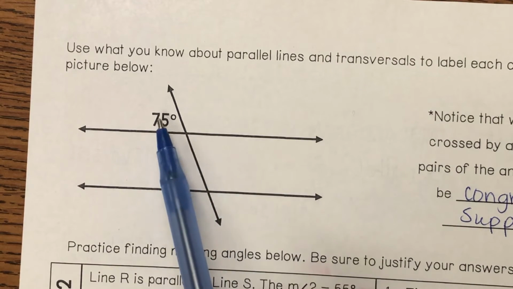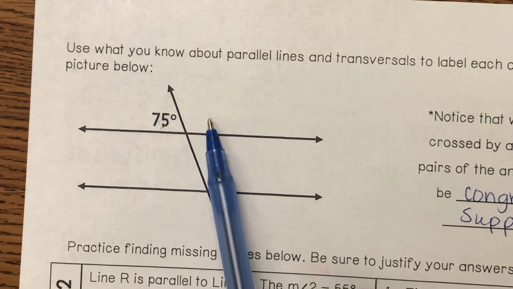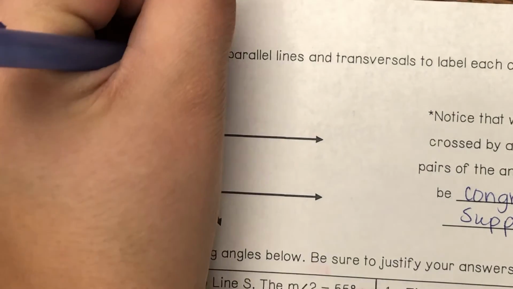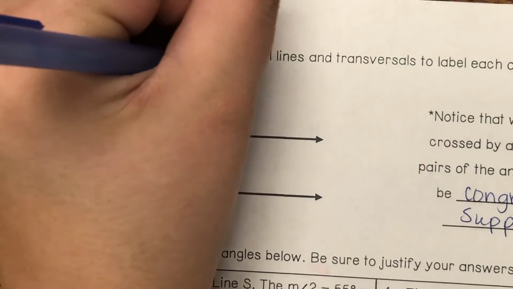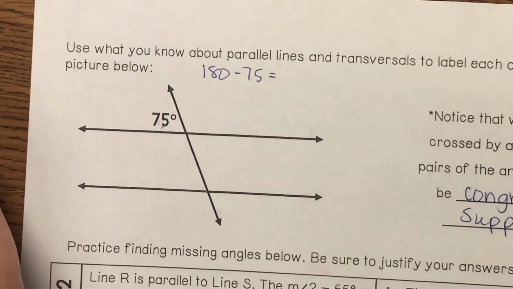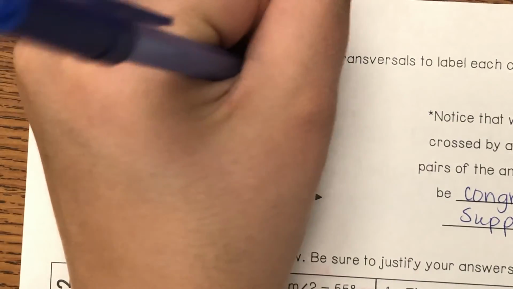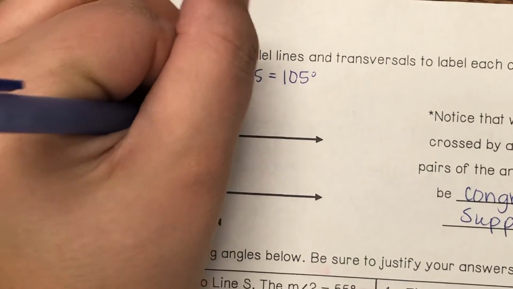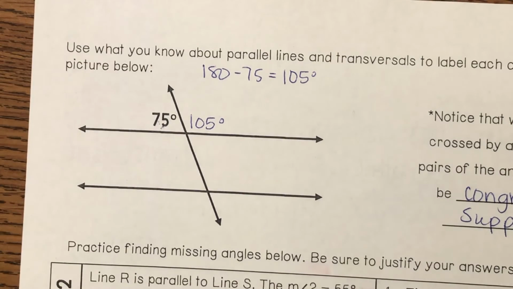That means if I add this angle and this angle together, they will equal 180 degrees. So in order for me to find this angle right here, I'm going to do 180 degrees minus 75 to find the missing angle measurement. And when I subtract them, I get 105 degrees. So this angle is 105 degrees.